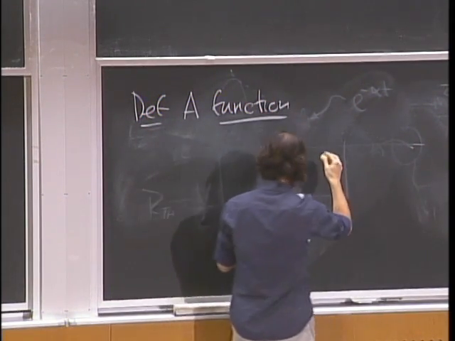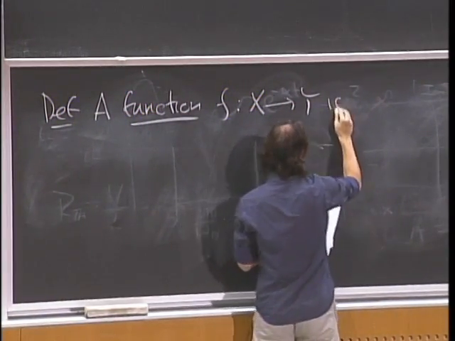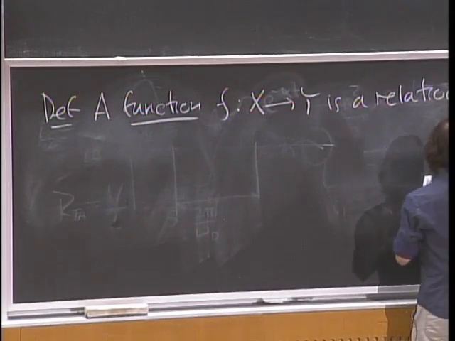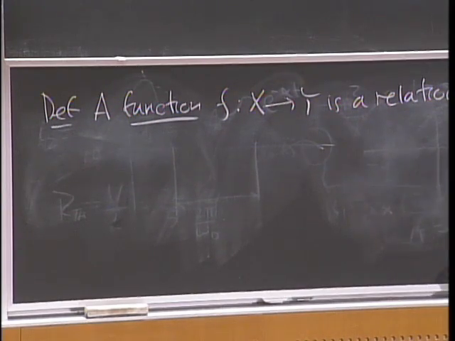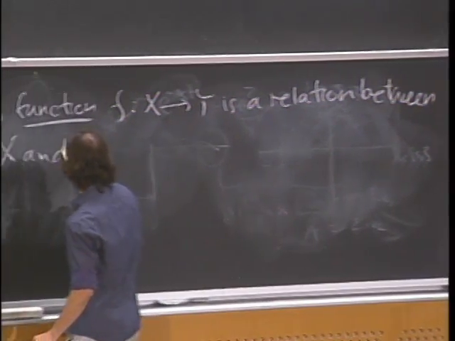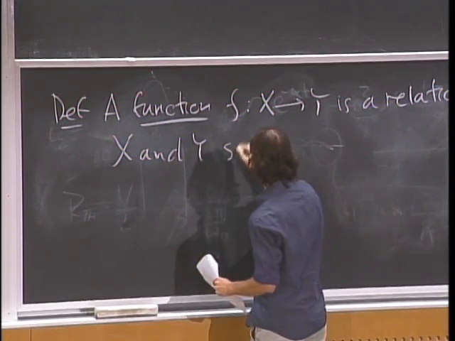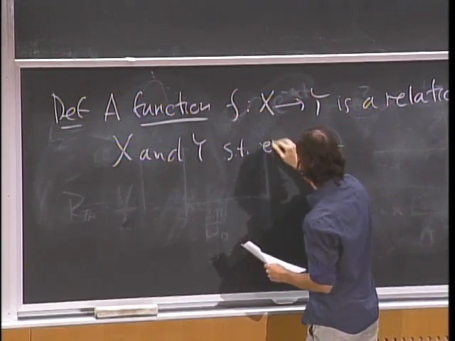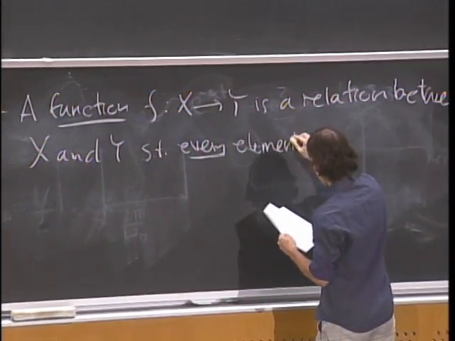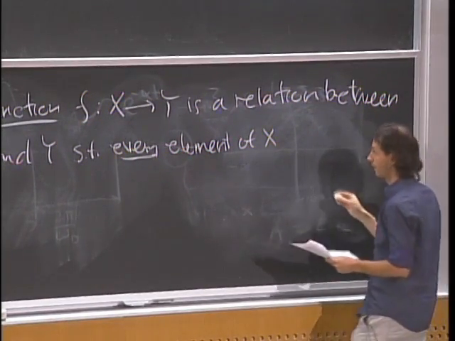A function f from x to y is actually a relation between the sets x and y, with the property that every element of x is actually related to exactly one element of y.